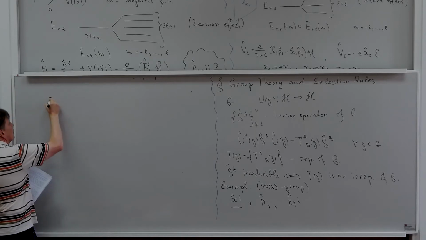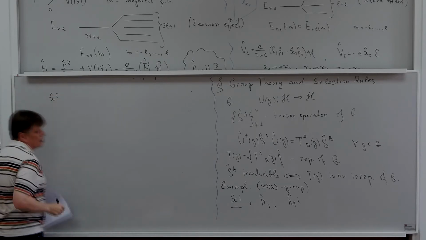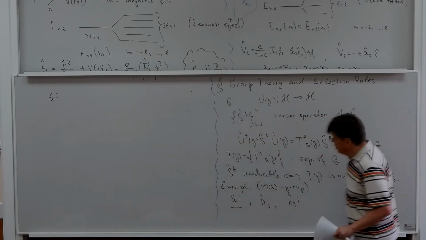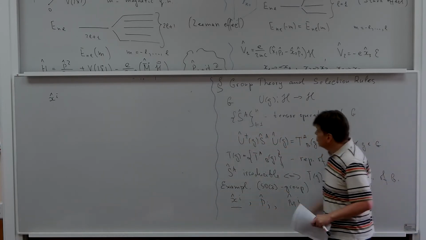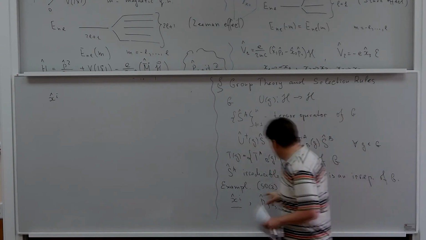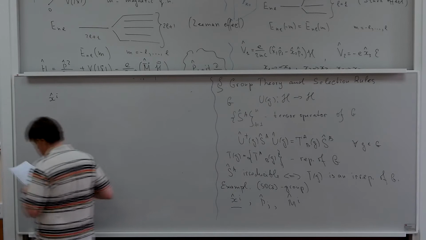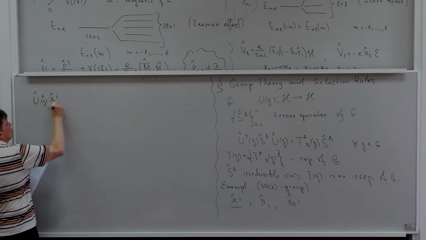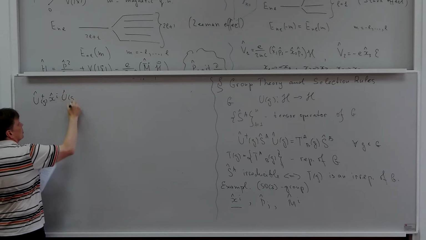So we take the operators x_i and conjugate them by the unitary transform corresponding to the space rotations, U dagger of g, x_i, U of g.